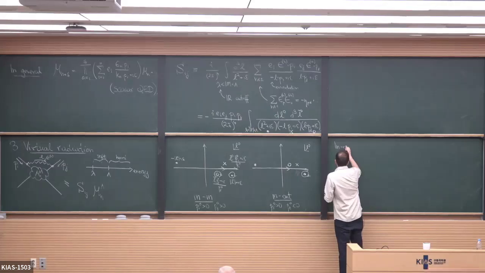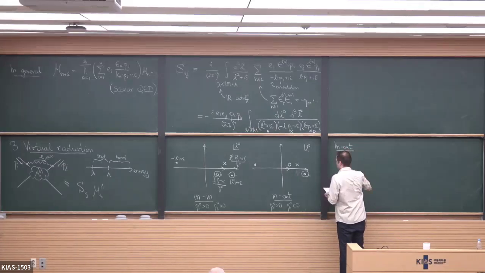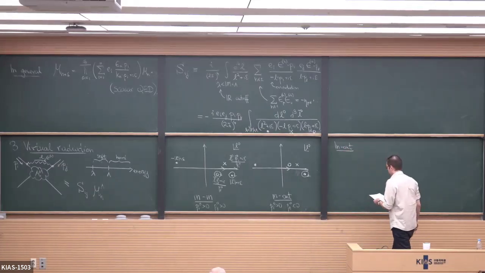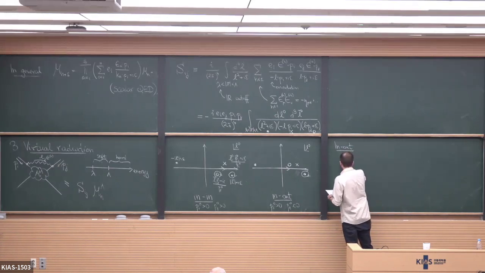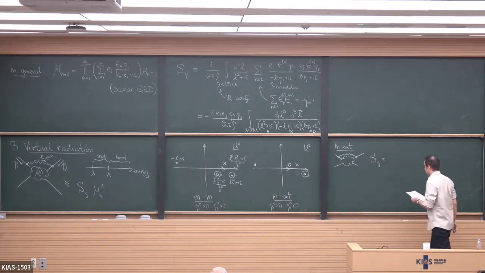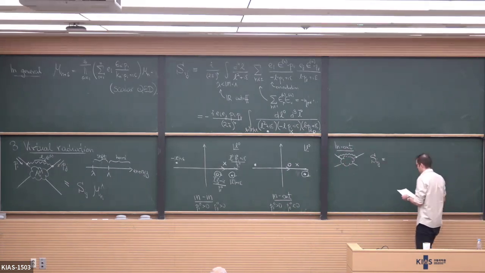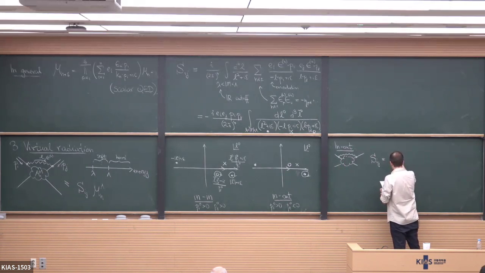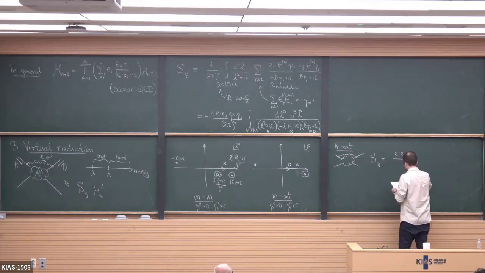So as I mentioned, the final answer is going to depend on whether we consider the in-out or in-in case. So in-out is going to correspond to the picture that we drew at the beginning. And then in this case, there's going to be one term given by this residue, and I'm going to call it EI, EJ, just from the prefactors.